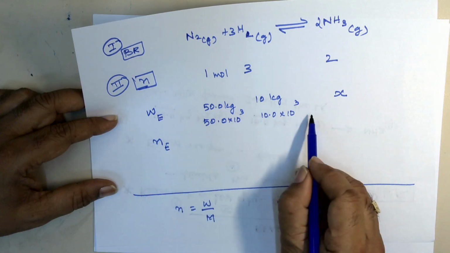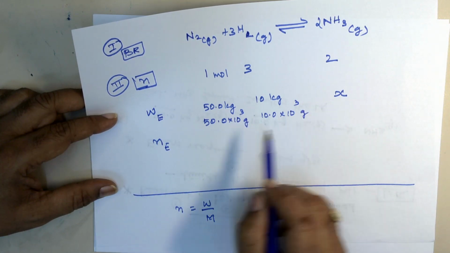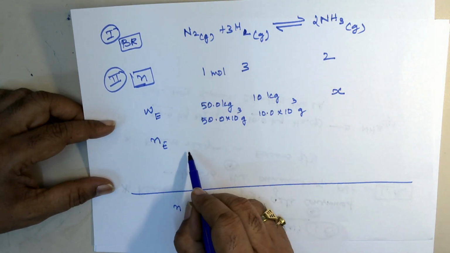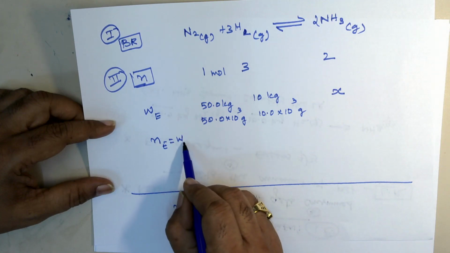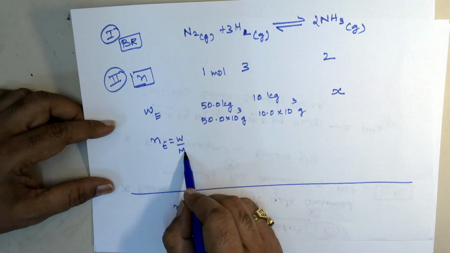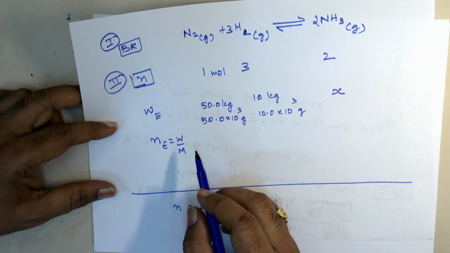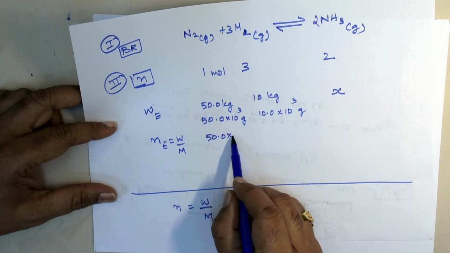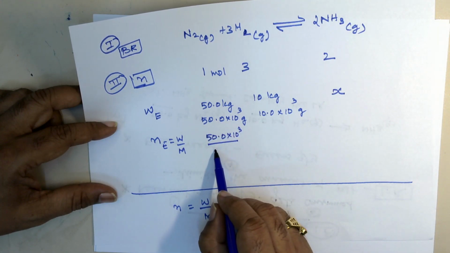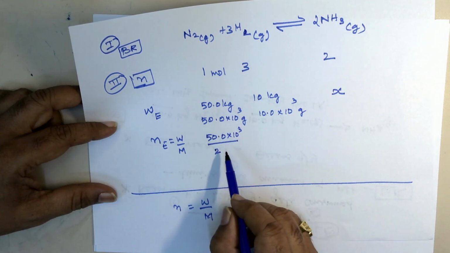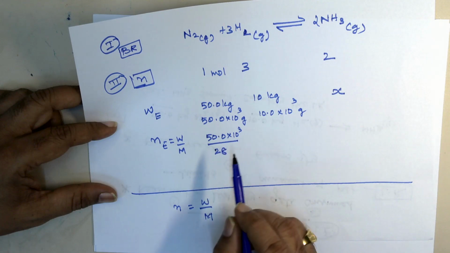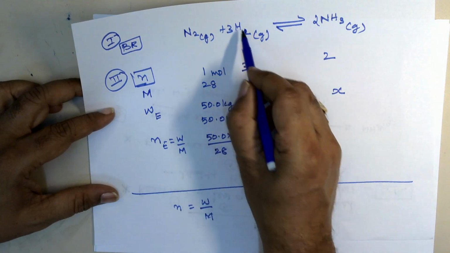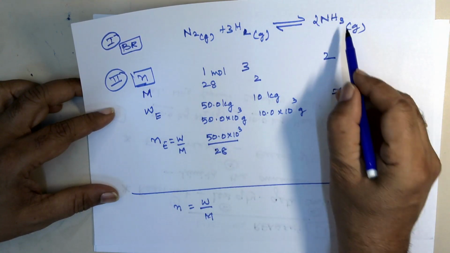This is the weight in gram. Now we have to find the number of moles of nitrogen. n is equal to weight divided by molecular weight. Put the molecular weight: for nitrogen, 28, for hydrogen 2, and for ammonia 14 plus 3, 17. This is gram per mole.